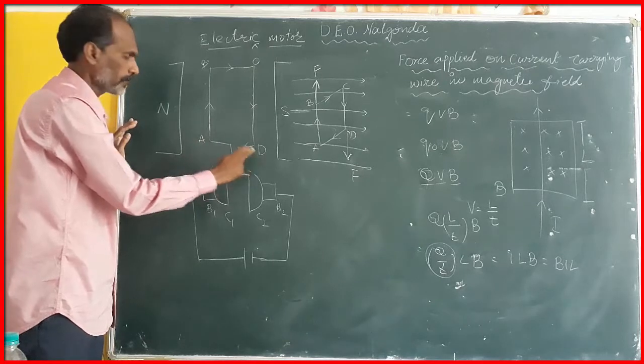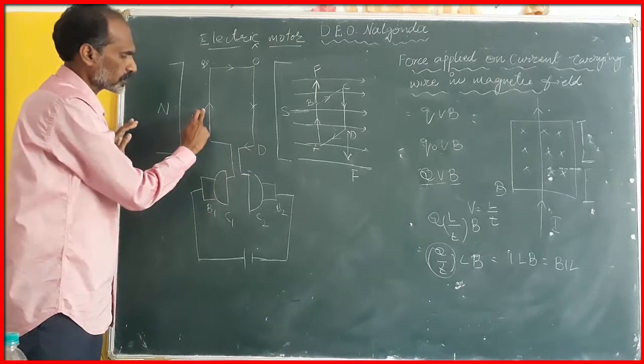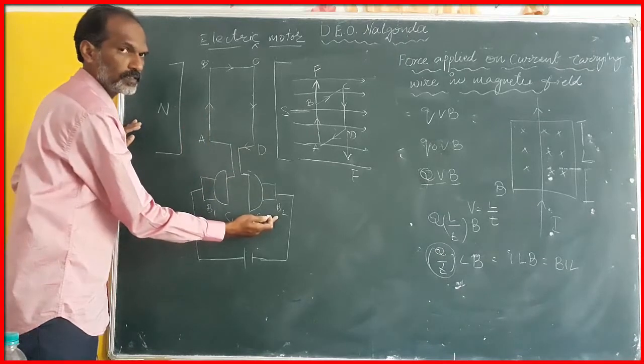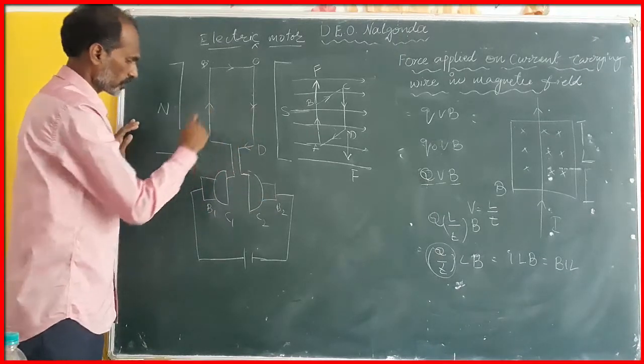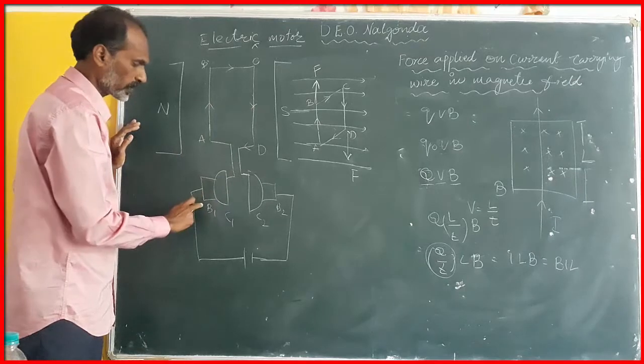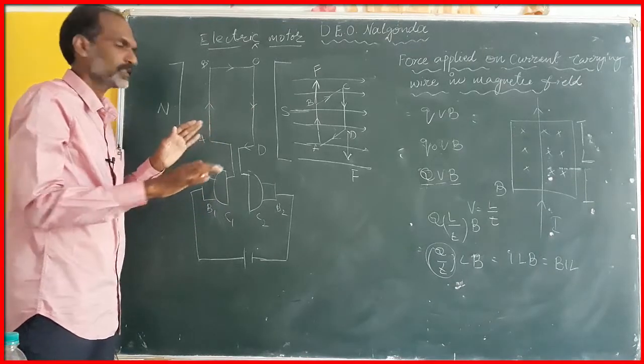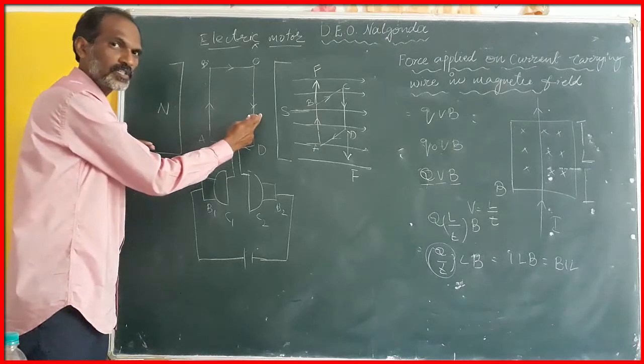It means the AB side, along with C1, is connected to the brush B2, and the CD side, along with C2, is connected to the brush B1. It means in the half rotation the direction of electric current is changed.